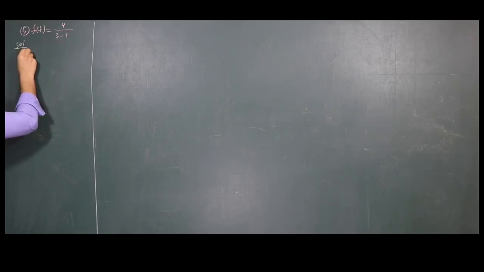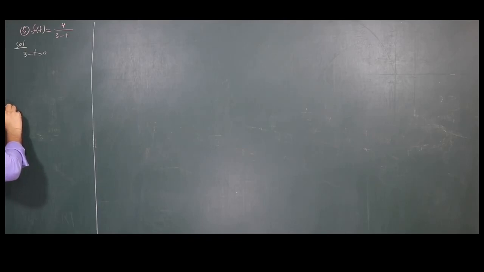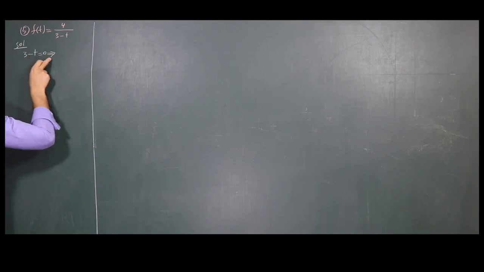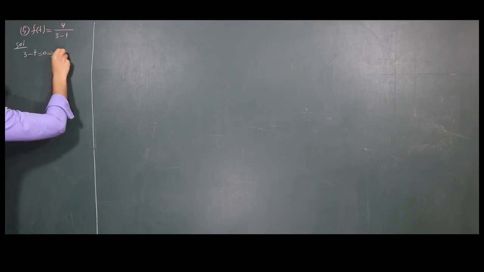So I will make the denominator, the bottom, equal 0: 3 minus t equals 0. I want to find out which numbers are prohibited for me to choose. So I will move t to the other side, that will be 3 equals t. So the number that makes this function undefined is t equals 3.